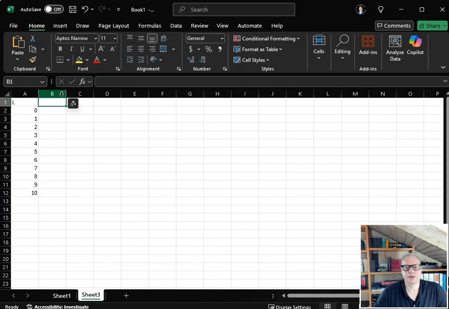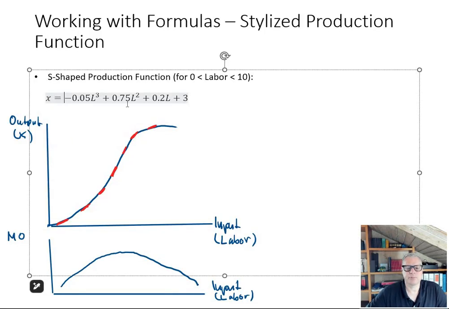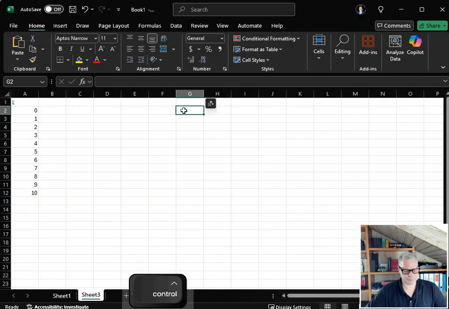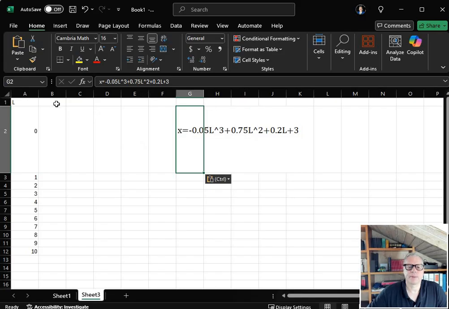Okay, so what is our production function? Let's quickly copy this. So I will delete that later again.